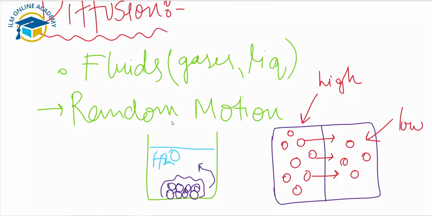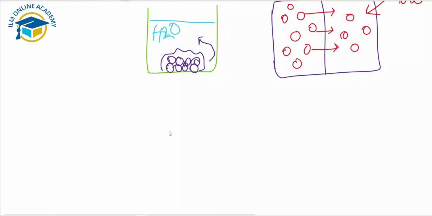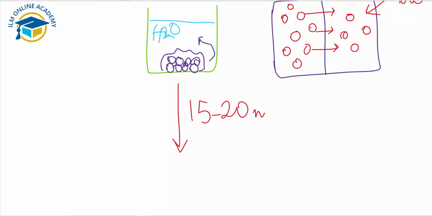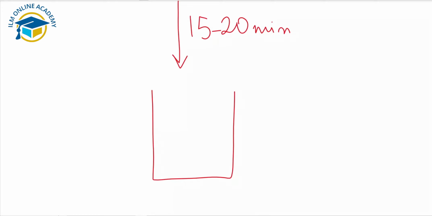Now you will see what happens after some time, maybe after 15 to 20 minutes. The particles will spread from an area of high concentration to an area of low concentration. This is the container that contains potassium manganate particles here.